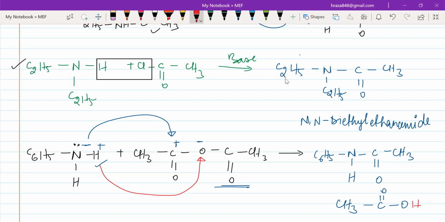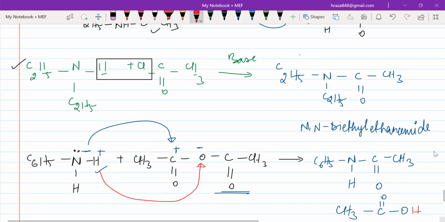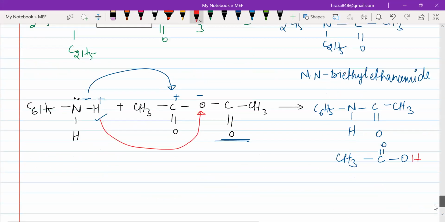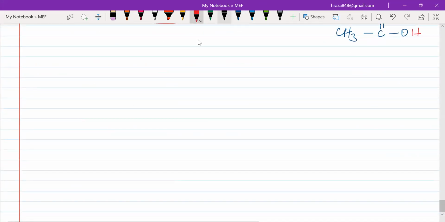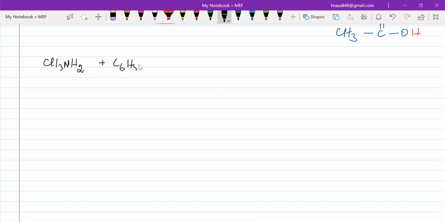Yes, sir, finished. Very good. Now see, can you do this reaction? CH3NH2 is going to react with C6H5COCl. Please do let me know, will you be able to do it or not?